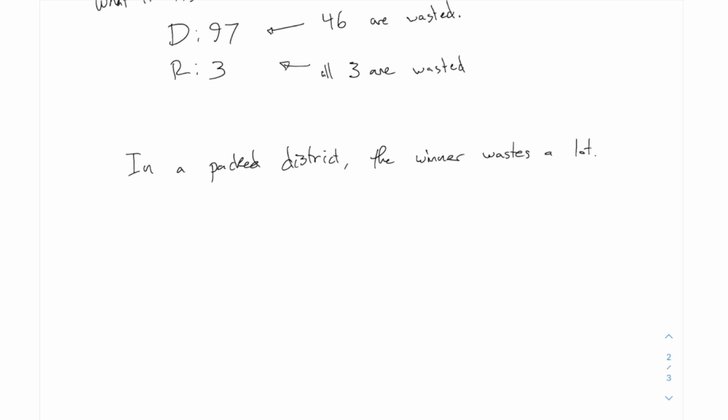If you pack them into their own districts, they're going to win those districts, but they're going to waste a lot of votes while doing so. All right? And if you keep your own districts a little more even, then you will waste far fewer votes. This is the idea. In a packed district, the winner wastes a lot. So we screw our opponents by packing them.